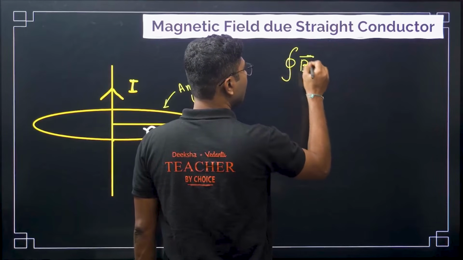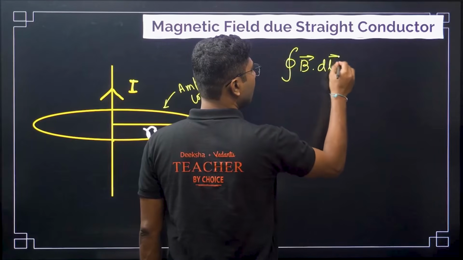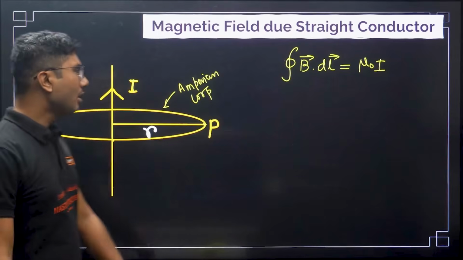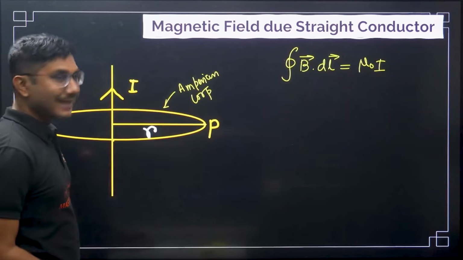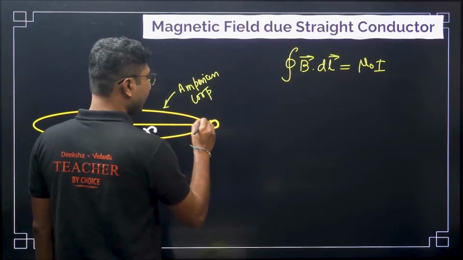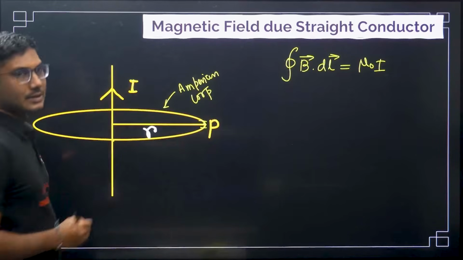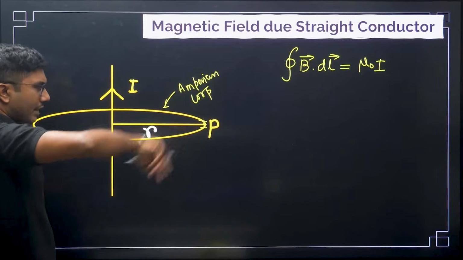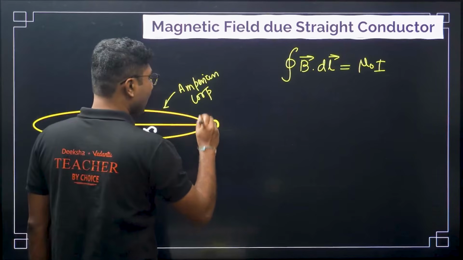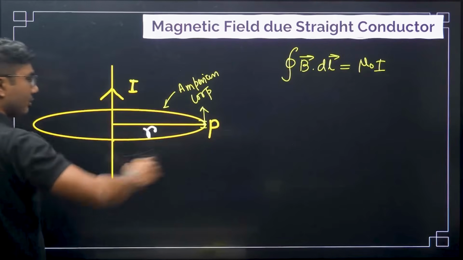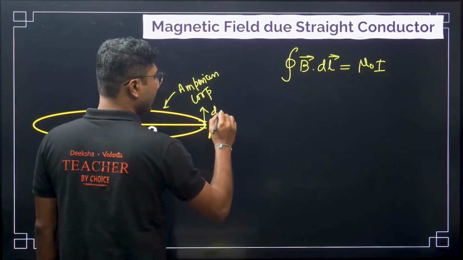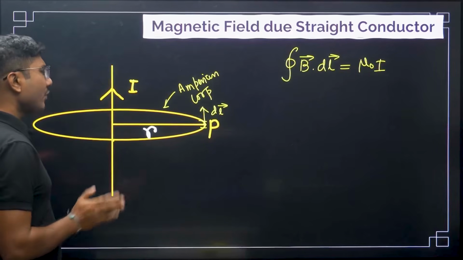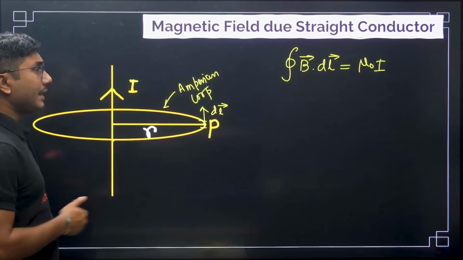B dot dl equals mu naught I. That is a simple law. Now what is dl over here? You can take it in this direction or whatever direction, that does not matter. Suppose we are taking a particular direction, so dl will be in this direction. What will be the direction of the magnetic field?